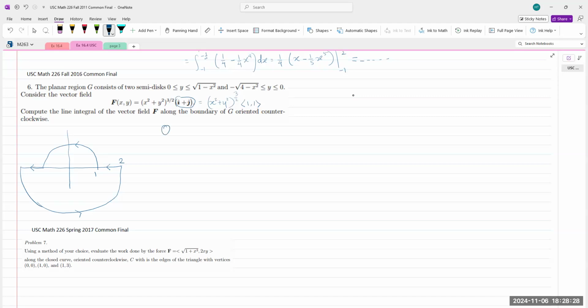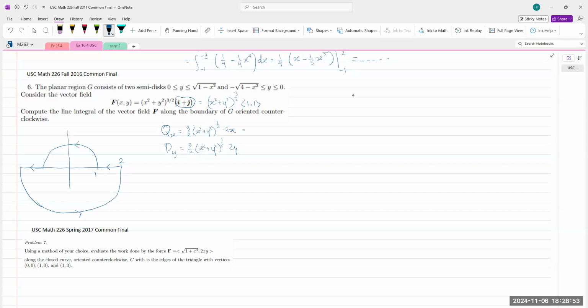So Q sub x, basically that thing, do the derivative with respect to x. So 3/2 times x squared plus y squared to the power of 1/2 times 2x, right? P sub y will be similar, but this time with respect to y.